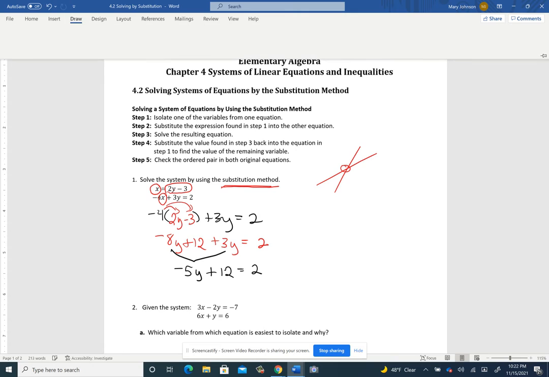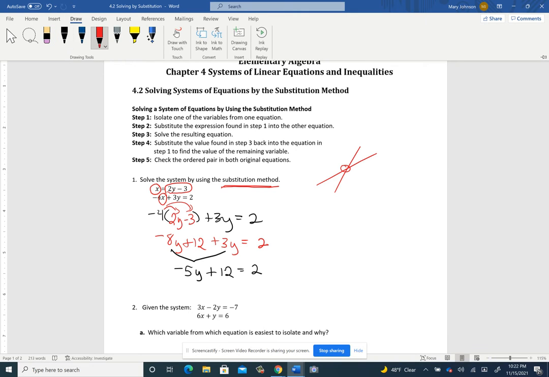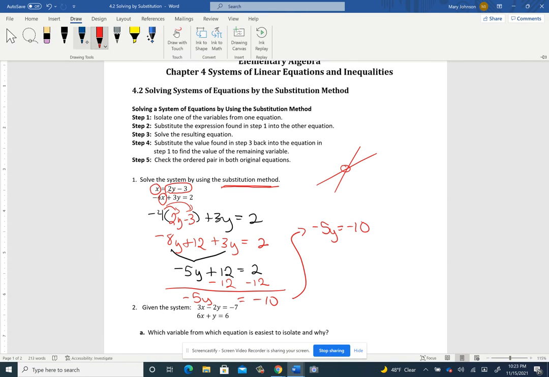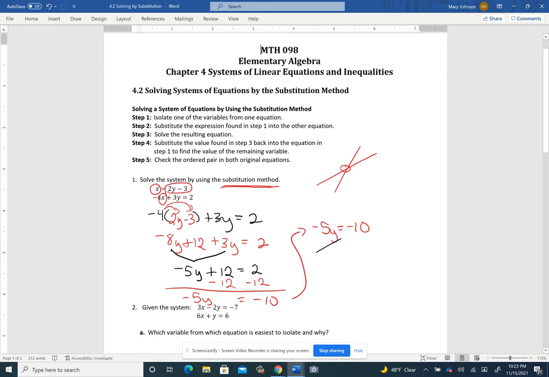And then from here down, should go a little more quickly. We need to get rid of the 12, so we'll subtract it from both sides. That's going to give us negative 5y equals negative 10. And then I need to get rid of that negative 5. So I'm going to do that by dividing by negative 5 on both sides.